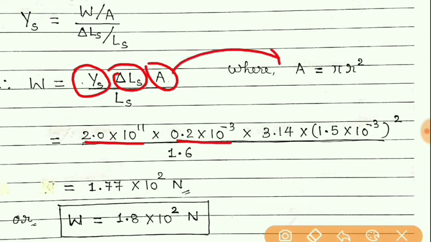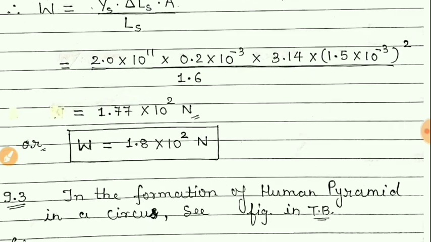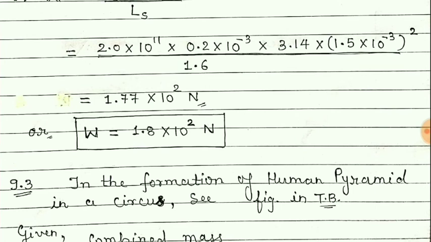Area is pi r squared, so this is pi and this is the radius of the cross-section of the wire. So we have kept all the values. Using a calculator you can calculate it and you will get this as nearly equal to 1.77 into 10 raised to 2 Newton.